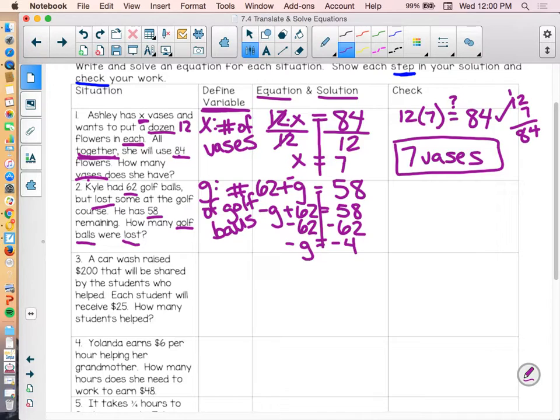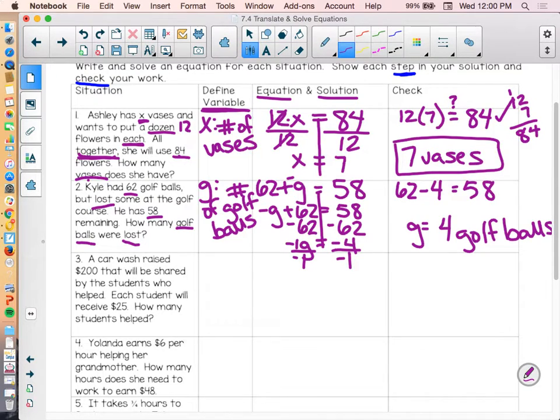So that means if I divide by negative 1, because this is like a negative 1, or if I just think of the opposite sign, it makes sense that G would be 4. Don't forget to label your answer, golf balls, and you need to check to make sure that it makes sense. Check it by plugging it back in. 62 minus 4 equals 58.